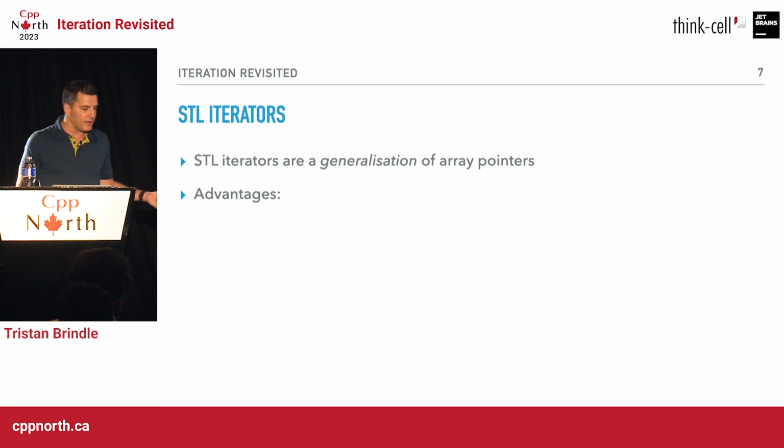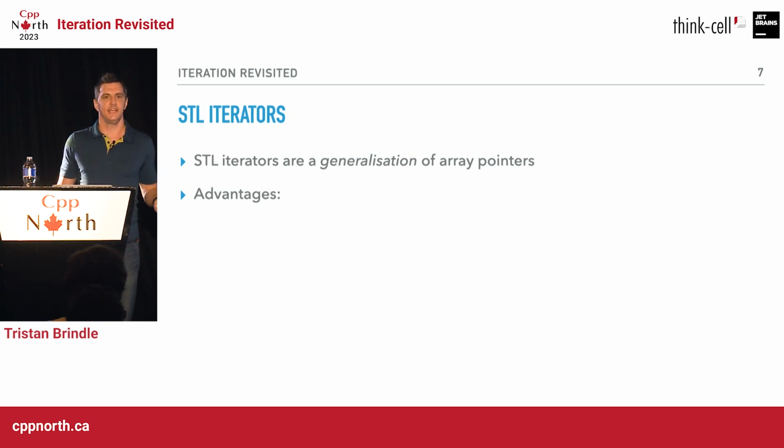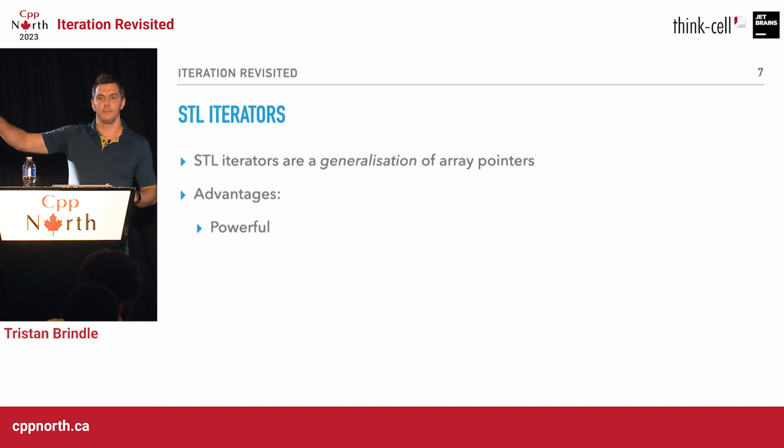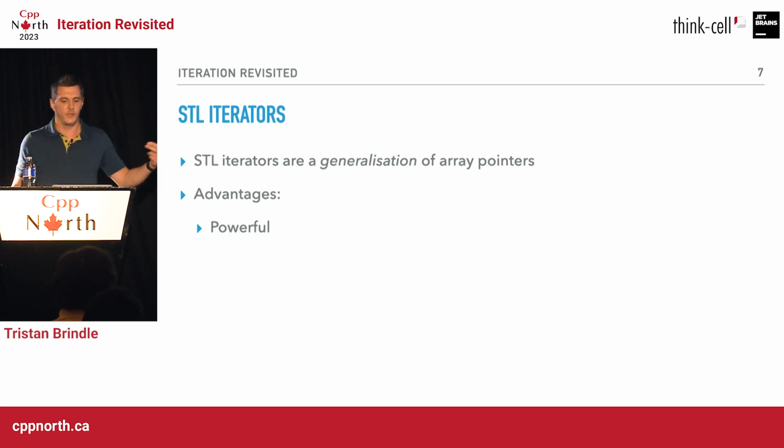And there are certain advantages to this scheme. First and foremost, this is a very, very powerful scheme. We can go all the way up to random access, contiguous ranges even. Pretty much all the algorithms that we can think of that need to linearly iterate over a sequence, we can write them using iterators.